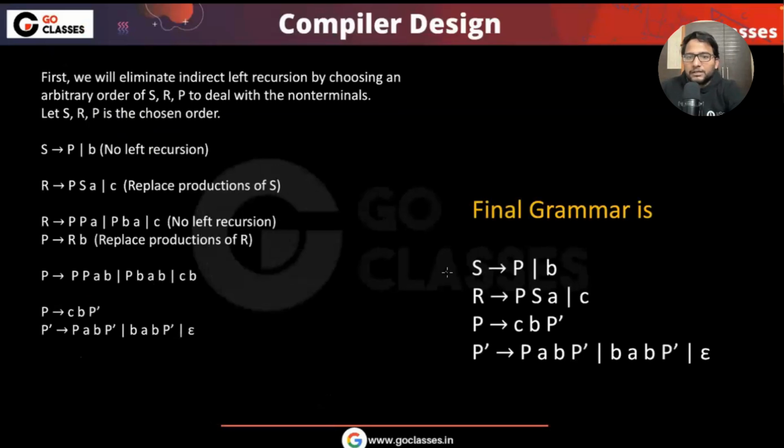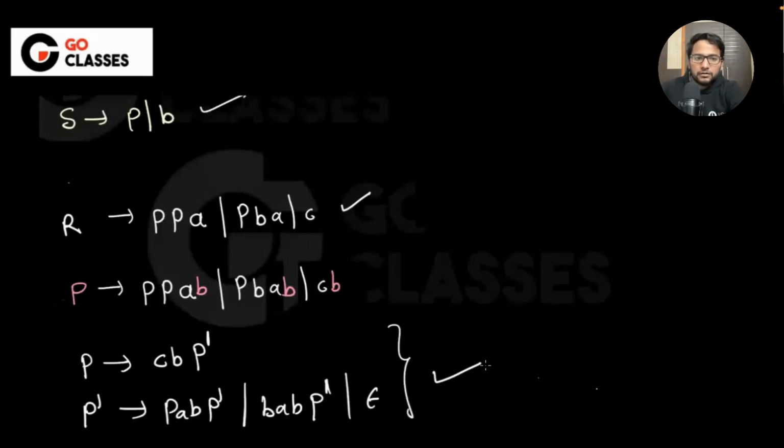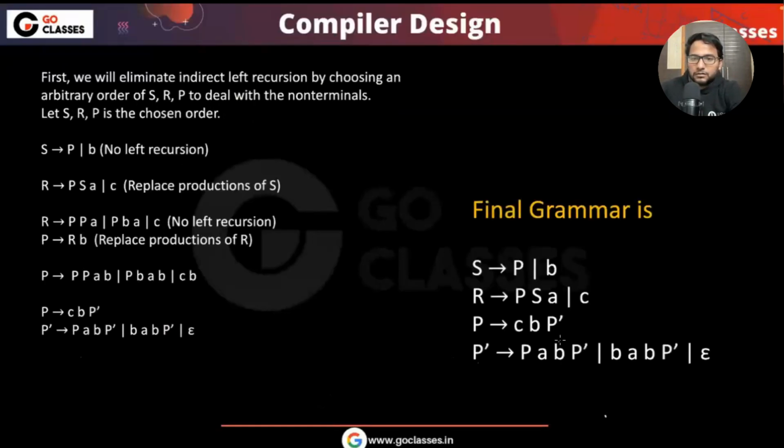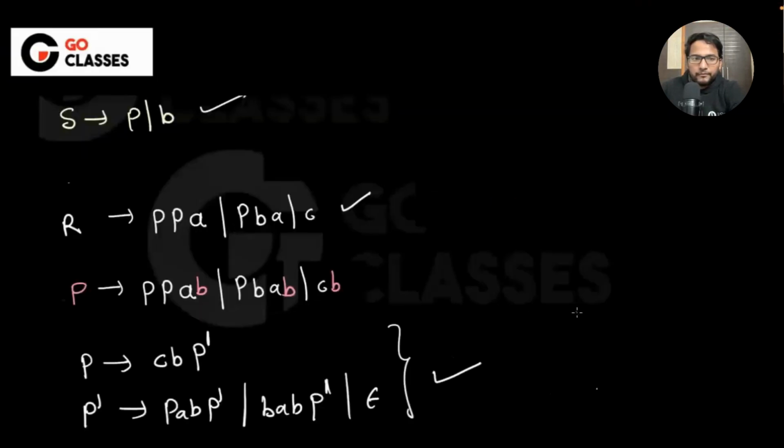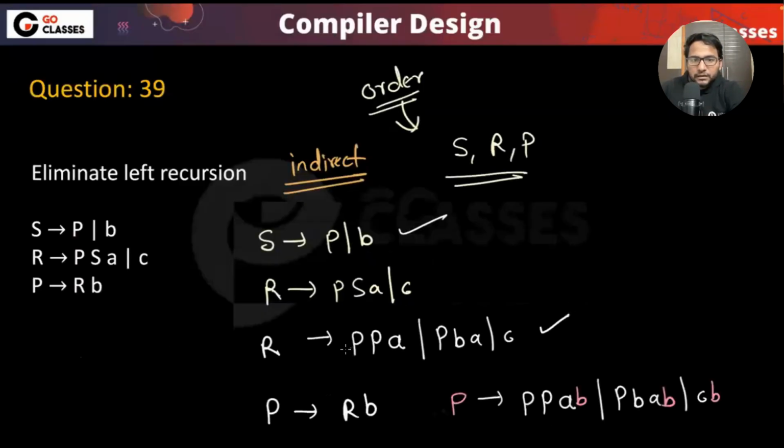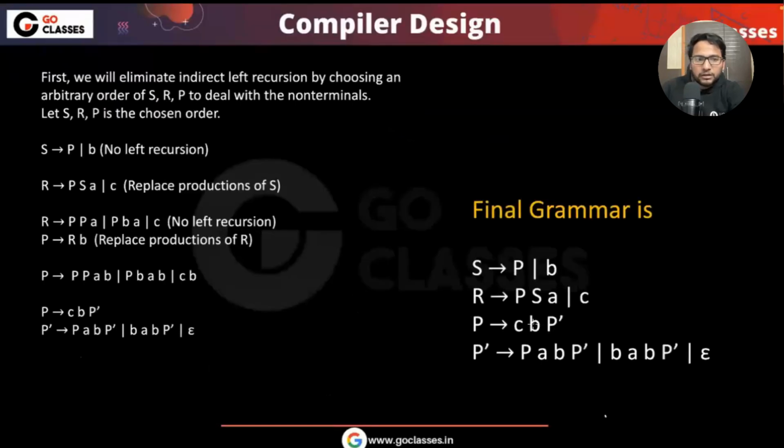So the final grammar is S gives PB. Yeah, that's correct. R gives PSAC. Okay. PSA and C. Just a second. So this was R. Okay, actually, yeah, we need to replace it.